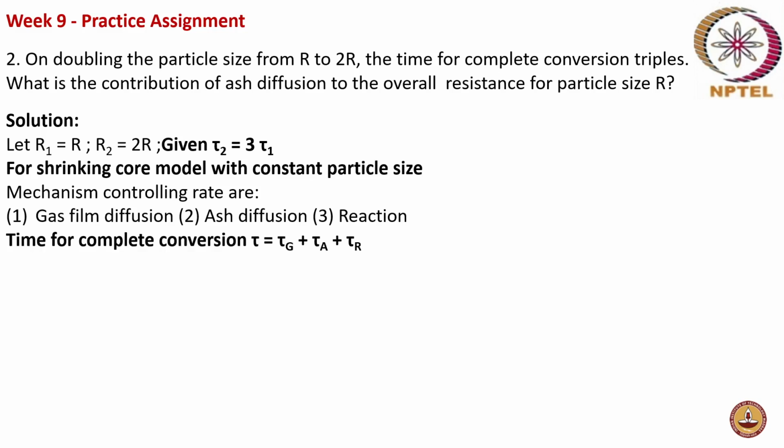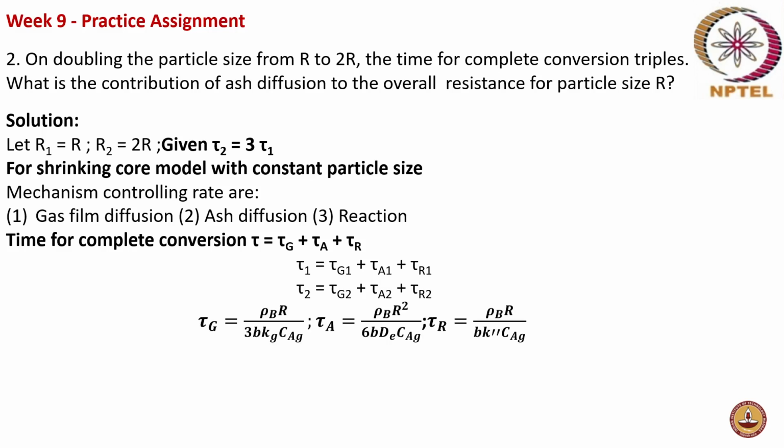Now the time for complete conversion, tau, is given by the time for complete conversion if gas film diffusion dominates, plus the time when ash diffusion controls, plus the time when reaction controls. We can also write for particle 1 and 2: tau 1 is equal to tau G1 plus tau A1 plus tau R1, and similarly tau 2 is equal to tau G2 plus tau A2 plus tau R2.